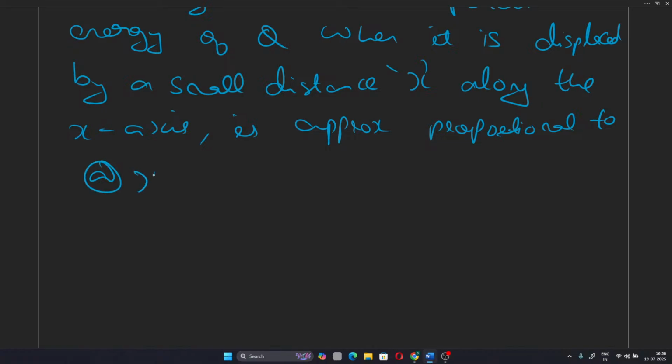Options are a) x, b) x square, c) x cube, and d) 1 by x.